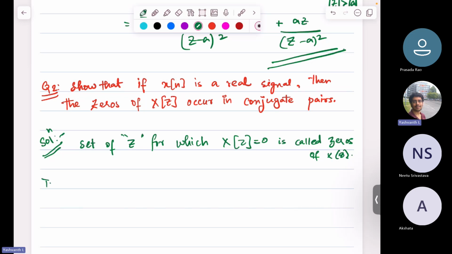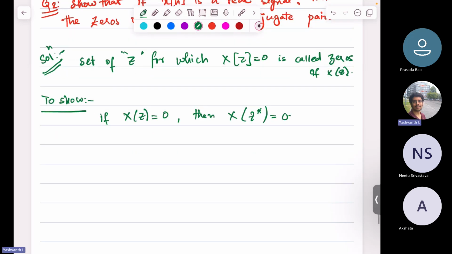What should we show? If x of z equals 0, then you should show that x of z conjugate is also equal to 0. That means if for a real signal x of n I found z to be a zero of x of z, that is x of z equals 0, then z conjugate will also be a zero of the polynomial x of z. That is, x of z conjugate is also equal to 0. That is the meaning of saying that zeros of x of z occur in conjugate pairs. So if z is a zero, z conjugate is also a zero. That is what we need to prove.